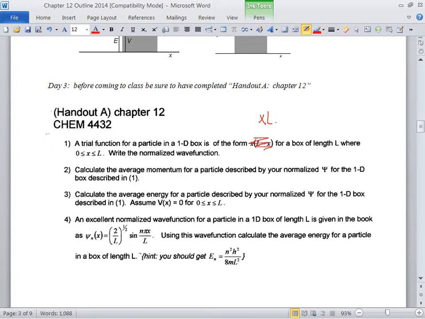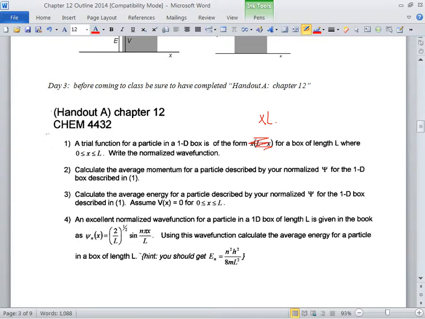I want you to normalize it. I want you to find the average momentum. I want you to calculate the average energy. And all that's just by changing one little part.